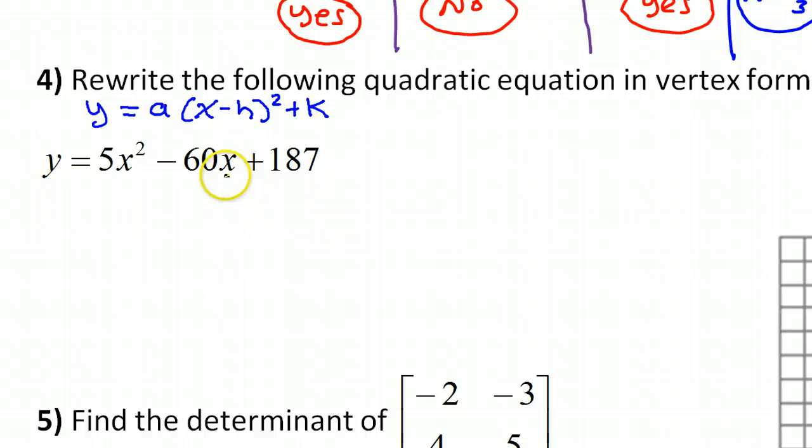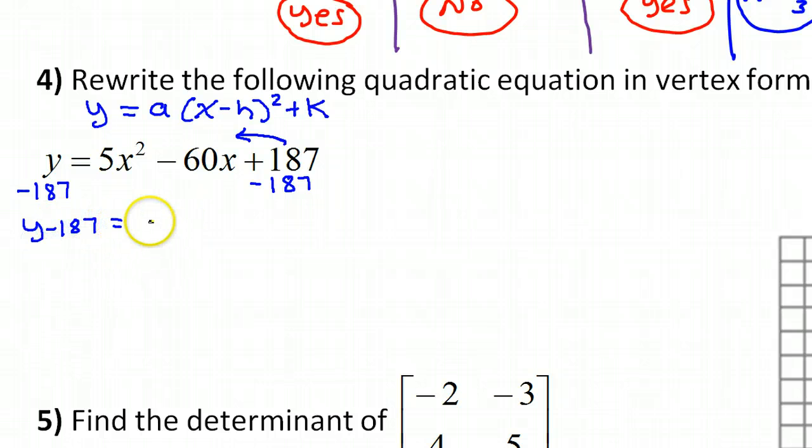Maybe now is the time you're about to learn. So completing the square. The first thing we need to do is move this 187 away. We can accomplish that by subtracting 187 from both sides. That's going to give us y minus 187 equals 5x squared minus 60x.